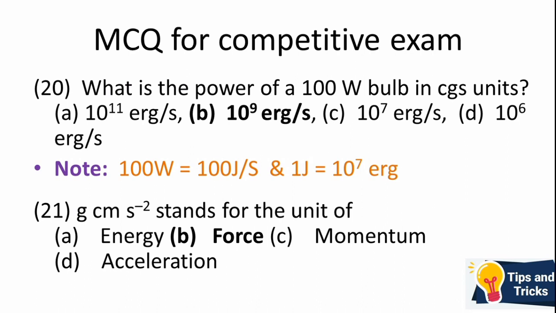Momentum in CGS unit is gram centimeter per second. Acceleration in CGS unit is centimeter per second square. And force in CGS unit is gram centimeter per second square. So the correct option for question number 21 is option B, that is force. Gram centimeter per second square stands for the unit of force.